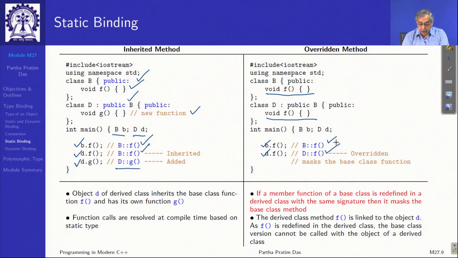So, when I override, I have actually lost the original function that I had in the base class, that has got masked. There is no way to call that function anymore, unless I explicitly put the scope and write that.